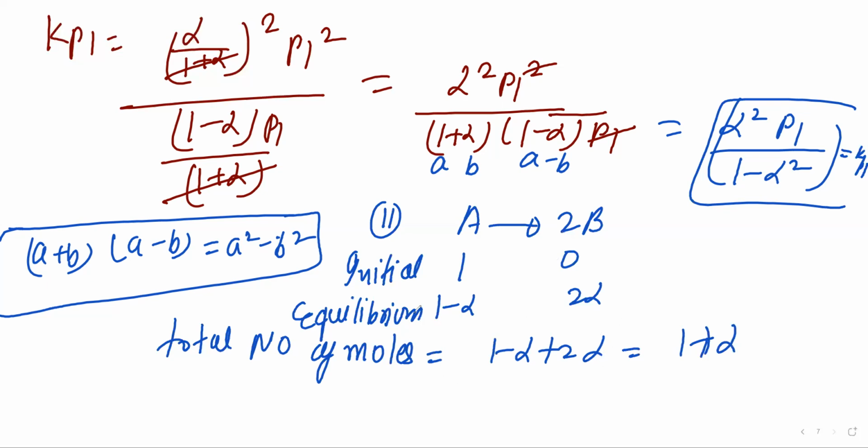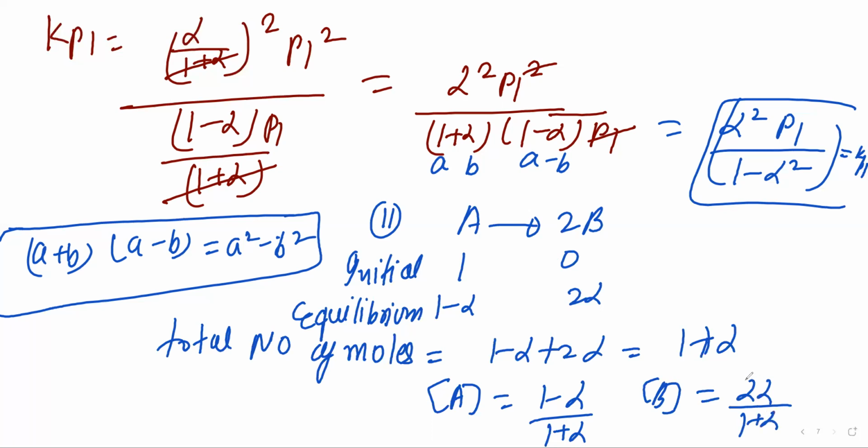In the similar manner, find the concentration of A and B here. The concentration of A will be 1 minus alpha divided by total, so 1 plus alpha, right? And for B, what will be the concentration? It will be 2 alpha divided by 1 plus alpha.